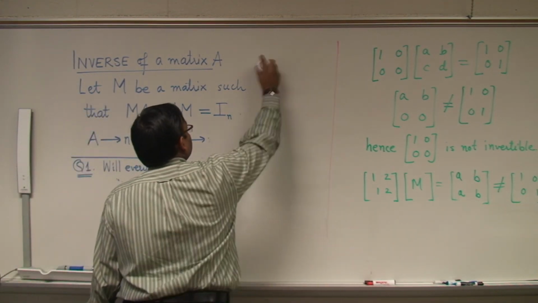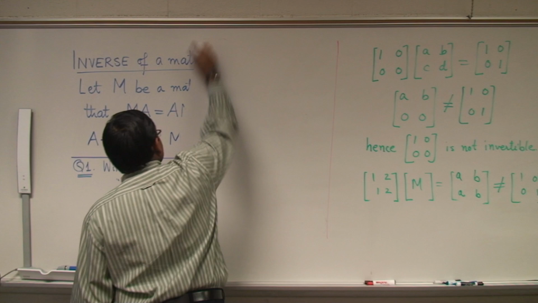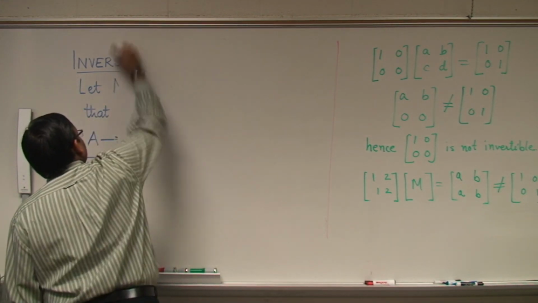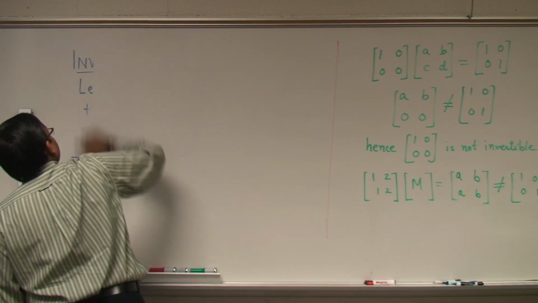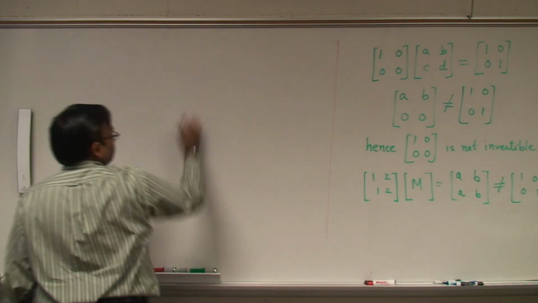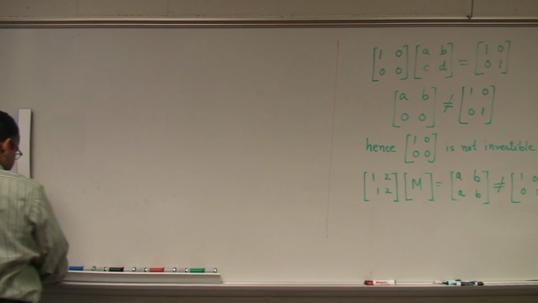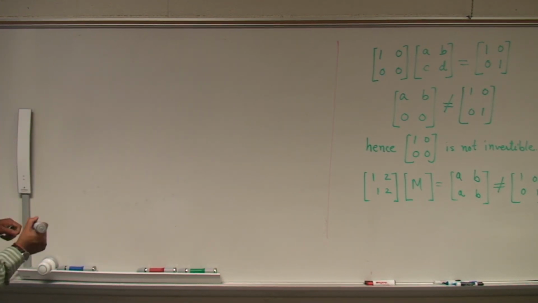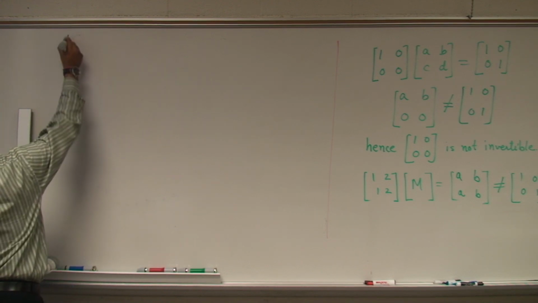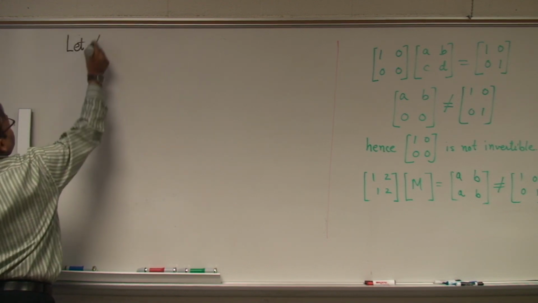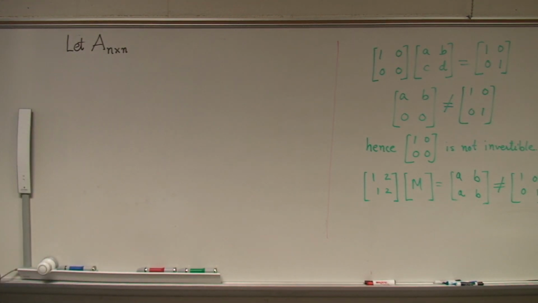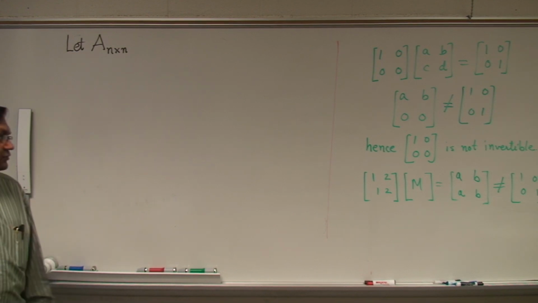So I'll try to develop some criteria for inverses and see if they are going to suggest something for us. For our discussion from now on, anytime I say a matrix A, it will be a square matrix of some size, so I won't be repeating the words square matrix over and over again.